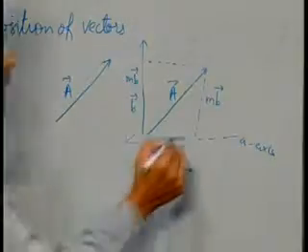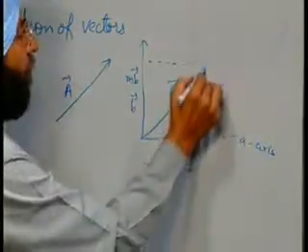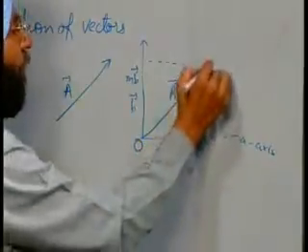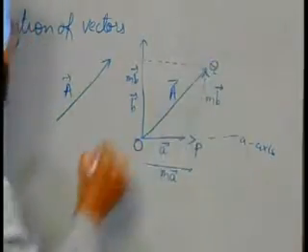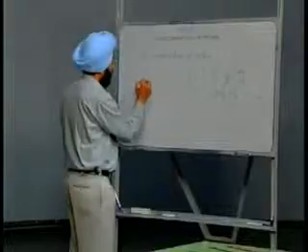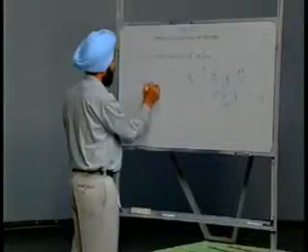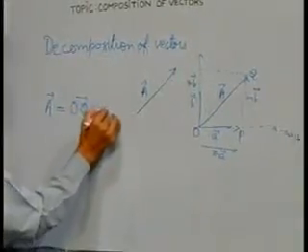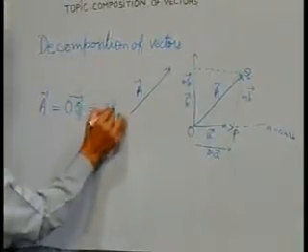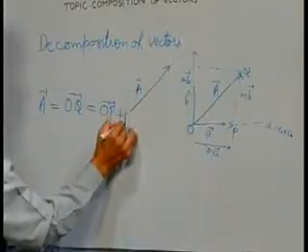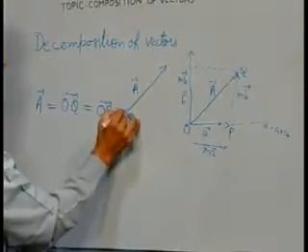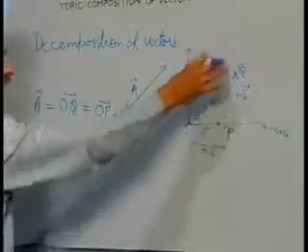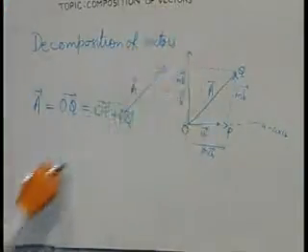From triangle of vector addition, OP plus PQ is equal to OQ, taken in the same order. OQ is in the opposite order.